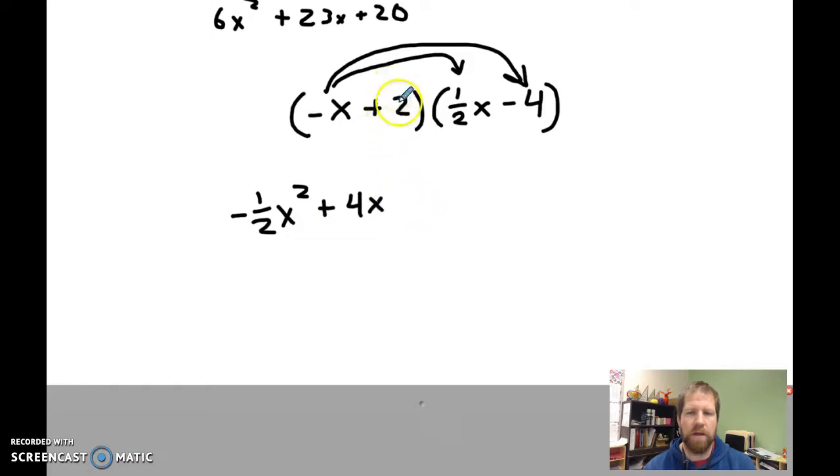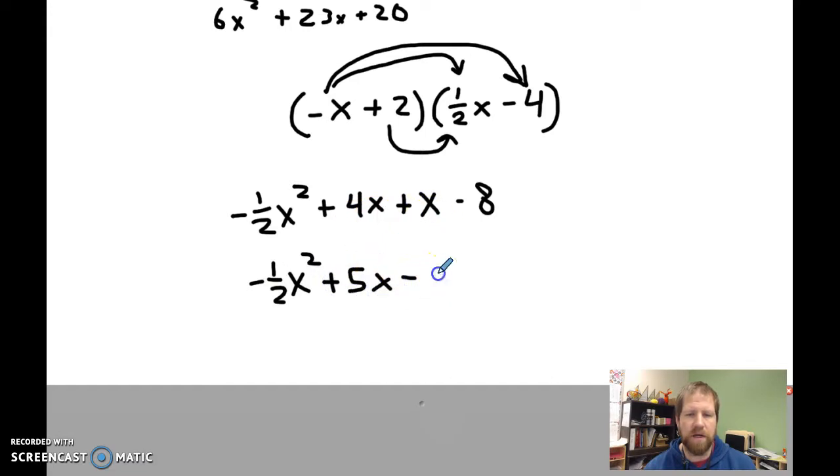Okay, and then 2 times 1/2 x, my inside terms, is going to be 1x. And then 2 times negative 4 is going to be a negative 8. Combine my terms, negative 1/2 x squared plus 5x minus 8.